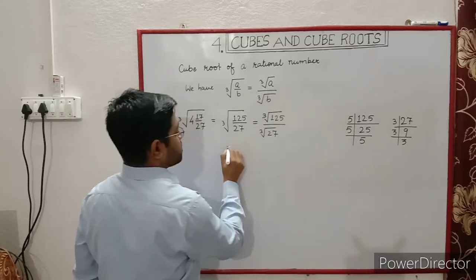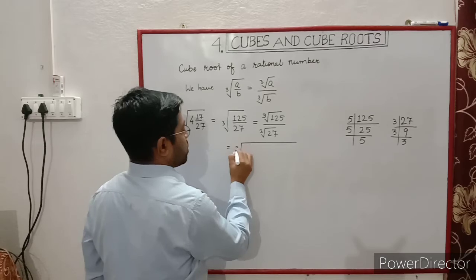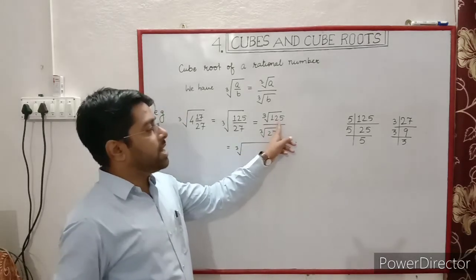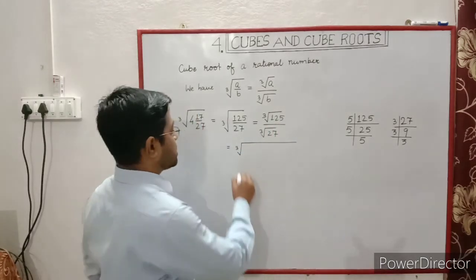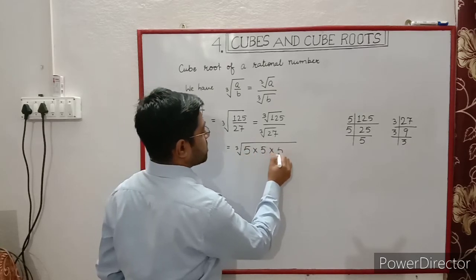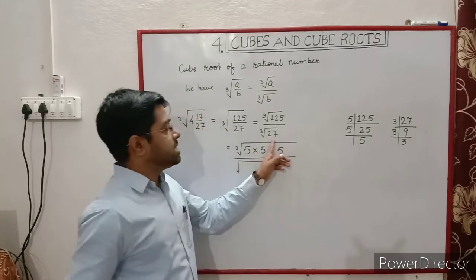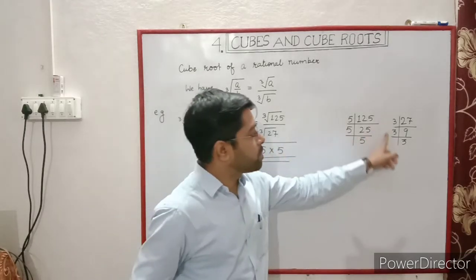Now cube root of 125 expressed into prime factors. So we can write 5 into 5 into 5 by cube root of 27 expressed into prime factors.